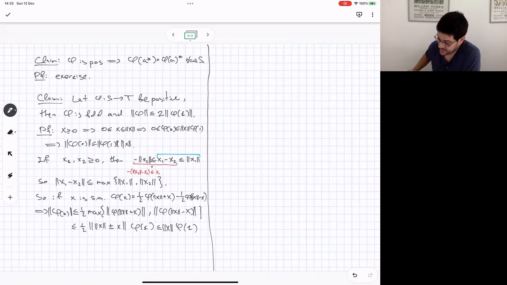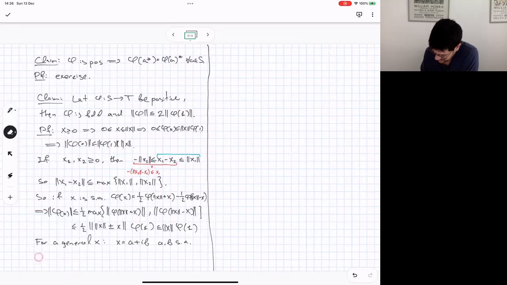Without the 2. Now, the problem is for elements that are not self-adjoint, and here we'll get the 2. For a general x, write x as A plus iB, with A and B self-adjoint.